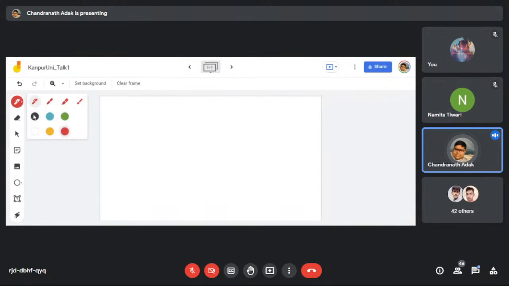Okay. Suppose you are given an image. An image is nothing but a matrix, with values from 0 to 255.